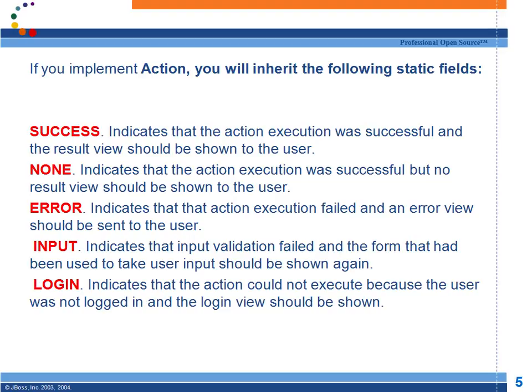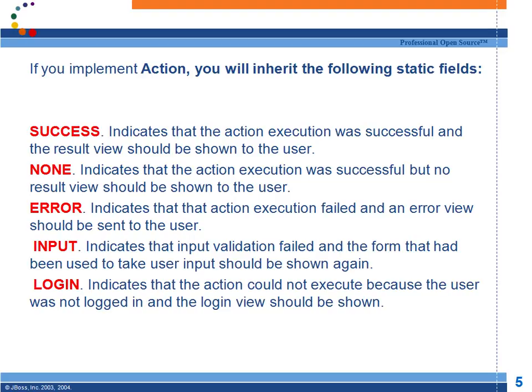If you implement the Action interface, you will inherit the following static fields. The static field success indicates that the action was successful and the result view should be shown to the user. Actually, in my execute method I was returning success, which says that the action was executed successfully and the result view should be shown.